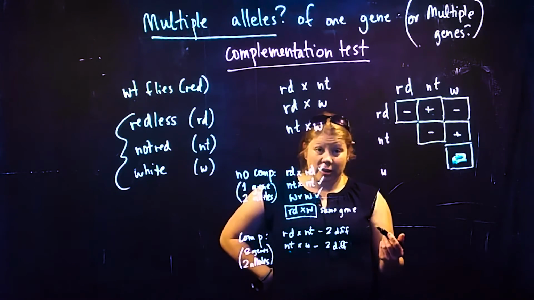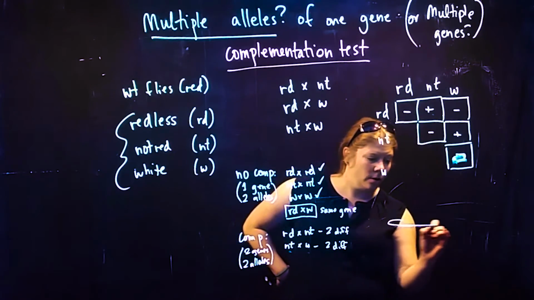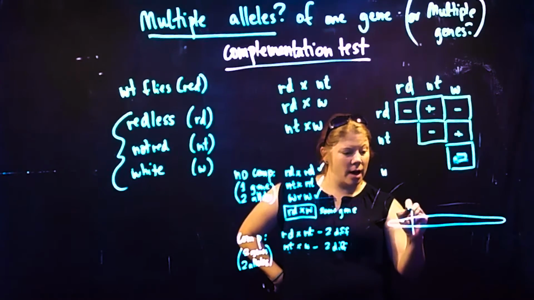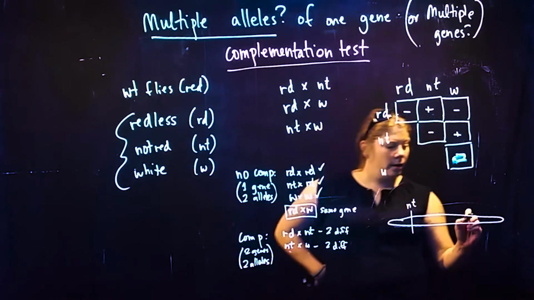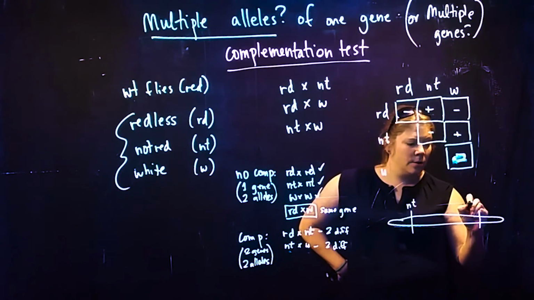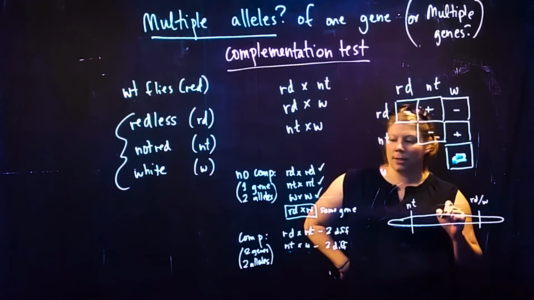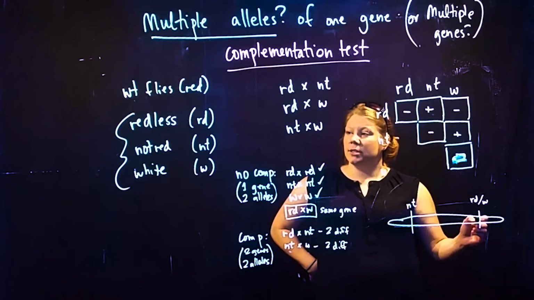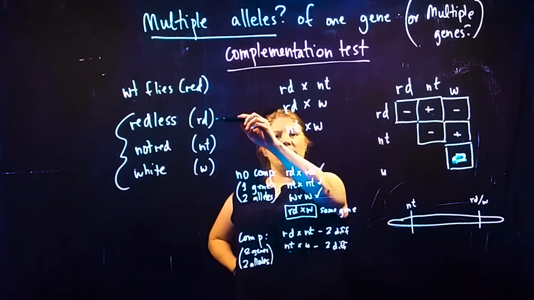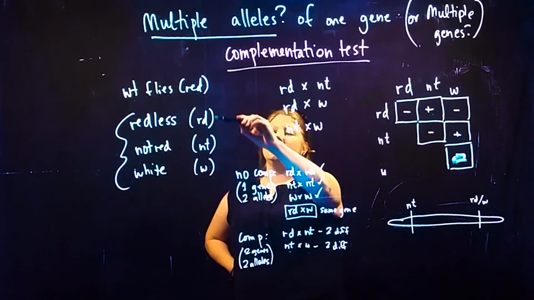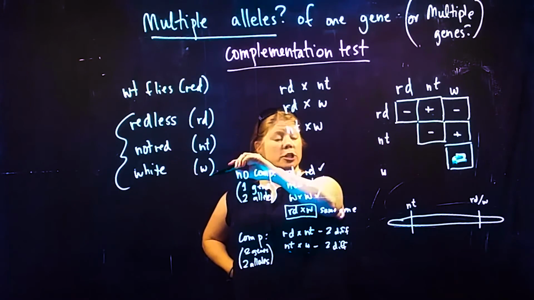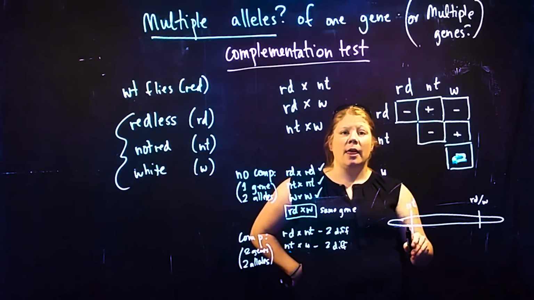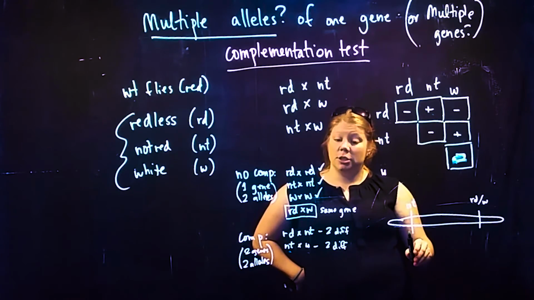If we were to draw this on the chromosome, here's our chromosome, we could say we have the not red gene over here, and then we have one locus where redless and white are both located. They're actually the same gene. We collected this from one lab and this from a second lab, but these are actually mutations in the same gene. So these are alleles of the same gene, whereas not red is a mutation in a completely separate gene.